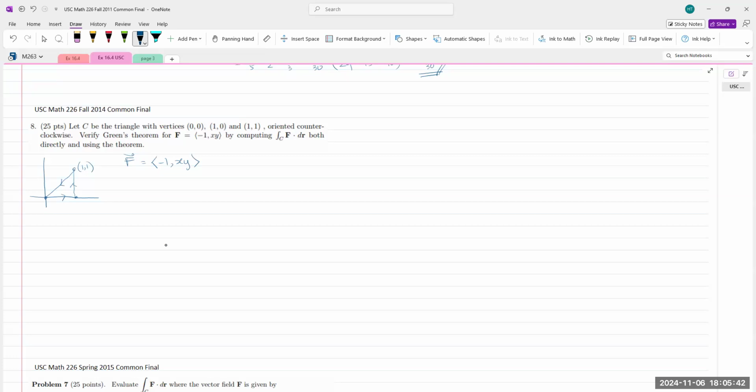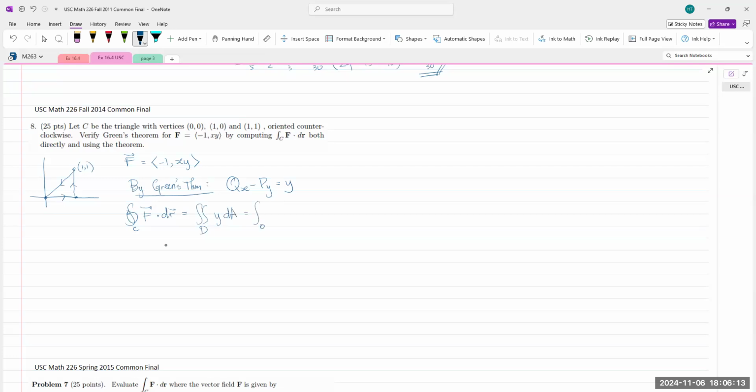Okay, let's do it by Green's theorem. Q sub x minus P sub y will be just y. So the integral over the closed curve C of F dot dr is equal to the double integral over domain D of y dA.